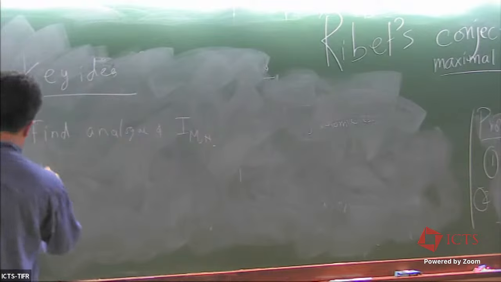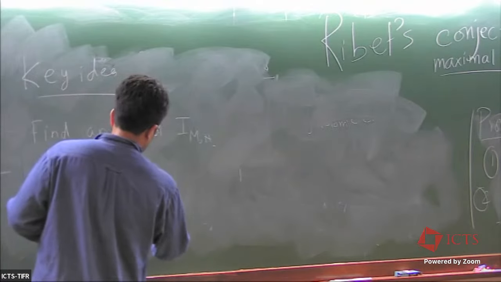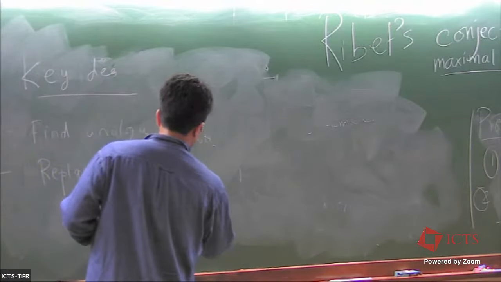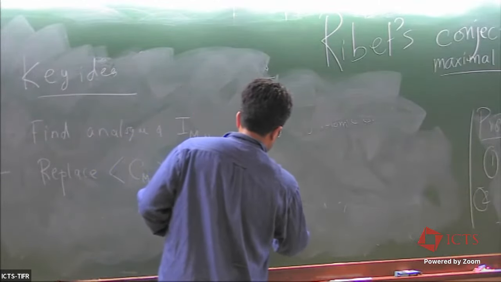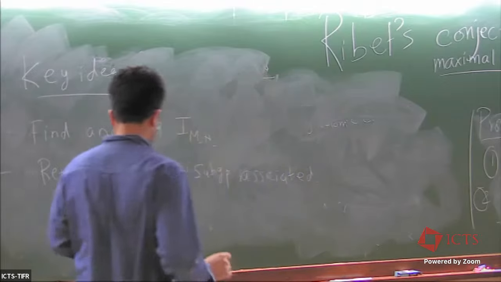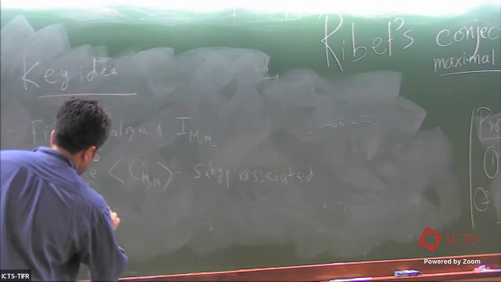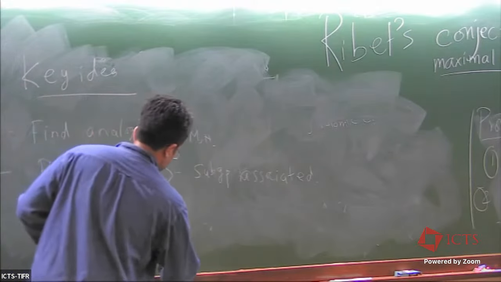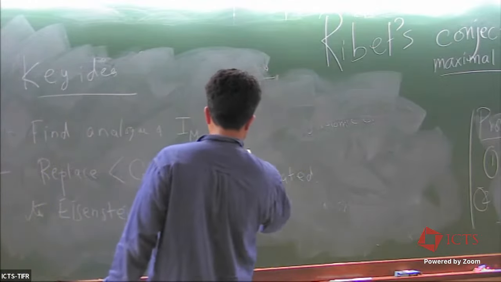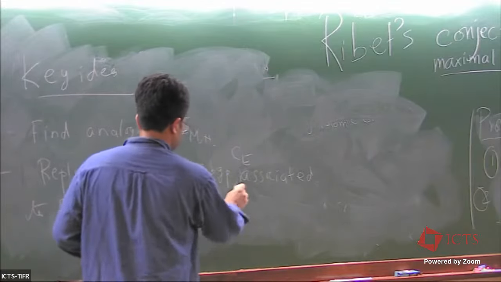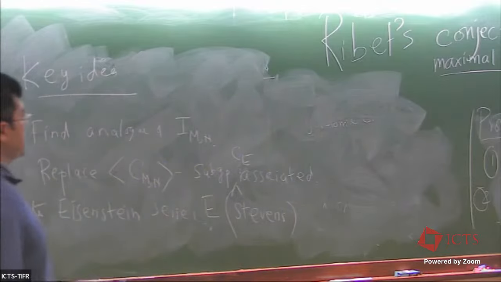So the second thing is to replace this cuspidal subgroup CMN with the subgroup associated to Eisenstein series, because I'll define how we can associate a subgroup to an Eisenstein series E, and this is an idea that goes back to Stevens, and then you do appropriate base change.